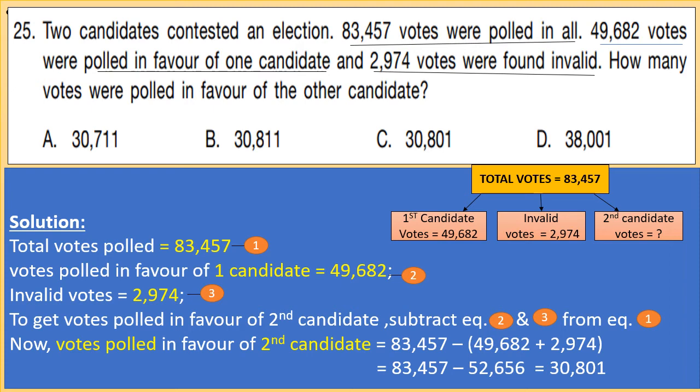So we get 83,457 minus 52,656, which equals 30,801. So these are the number of votes polled in favor of second candidate.